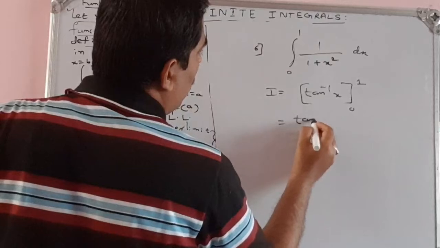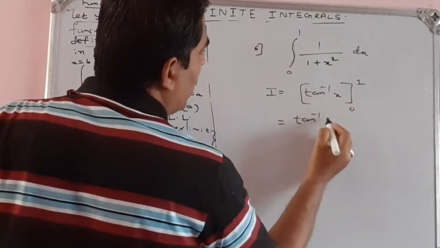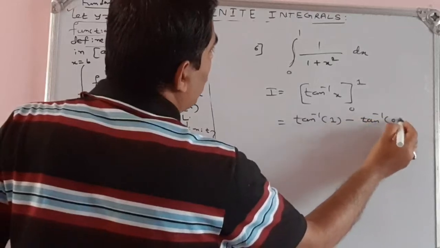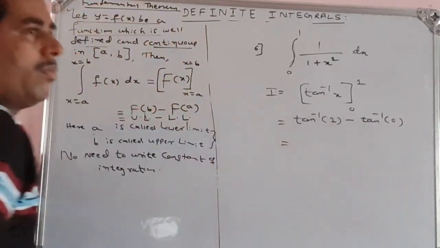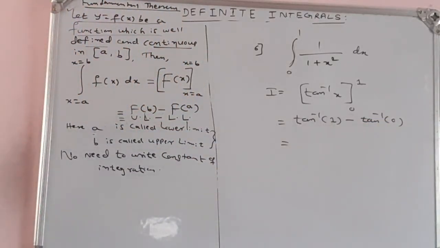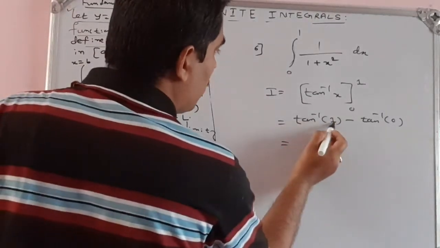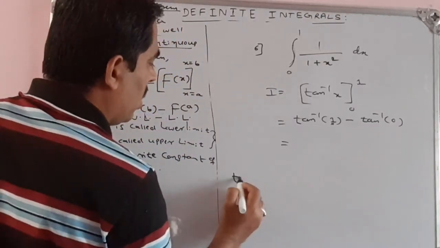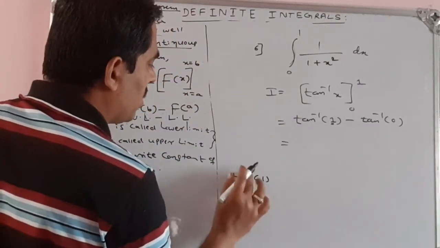Now you apply the upper limit. Tan inverse of the upper limit is 1, minus tan inverse of 0. Observe this tan inverse of 1. Tan of which value gives me 1? In inverse trigonometric functions, we know this.